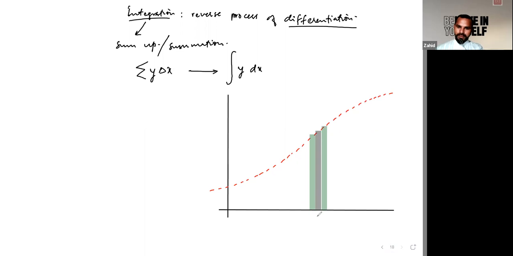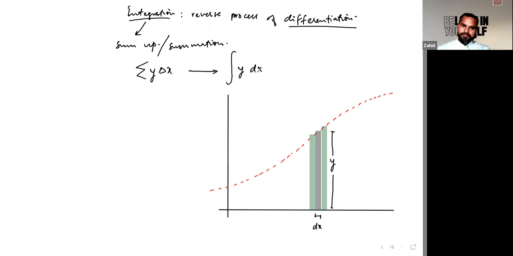So this base is along x-axis, so it will be termed as delta x, and the total height corresponding to this will be termed as y. So if you have to calculate area related to this particular curve, it will be length times breadth. So length is y and breadth is dx. So on taking the area of this particular curve, it will be y times dx.